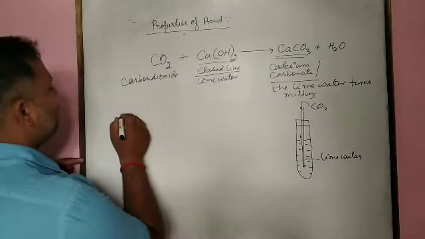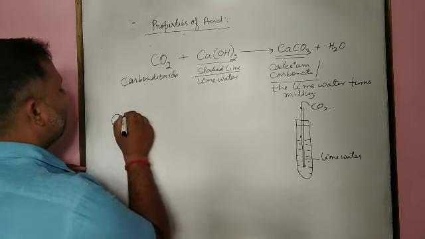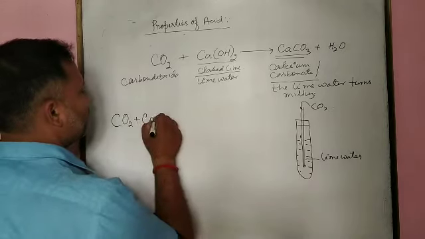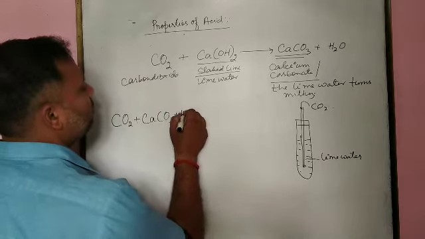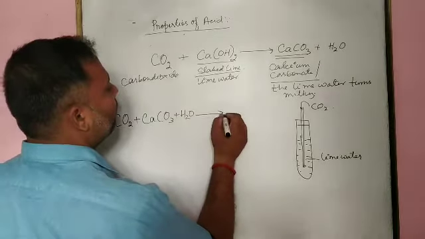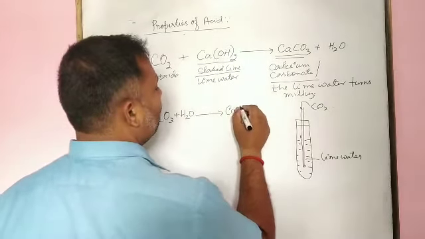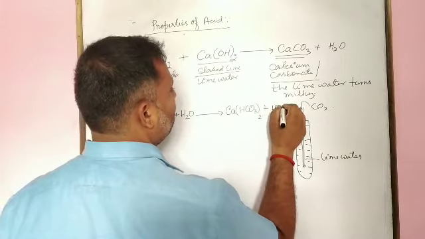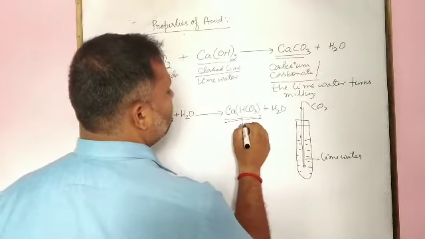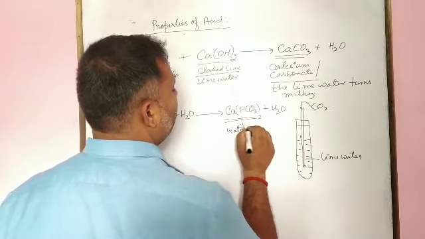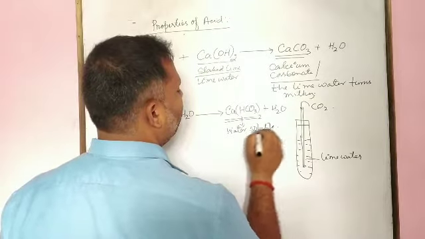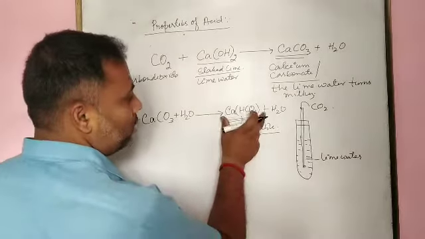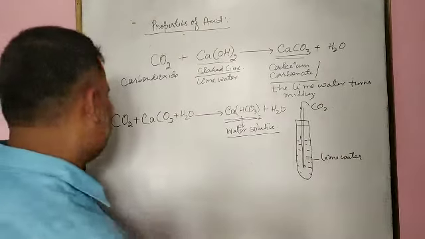When we pass carbon dioxide for a longer duration in that solution which contains calcium carbonate plus water, it will form calcium bicarbonate, Ca(HCO3)2, which is water soluble and turns colorless. Clear?